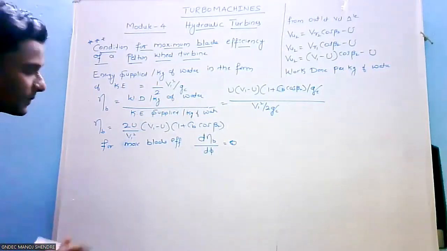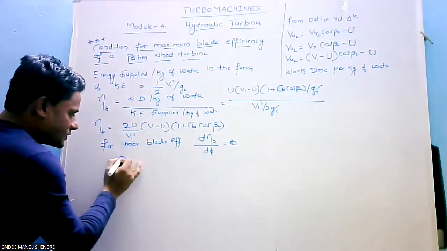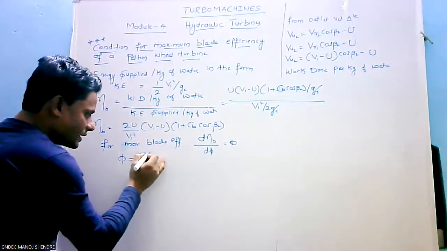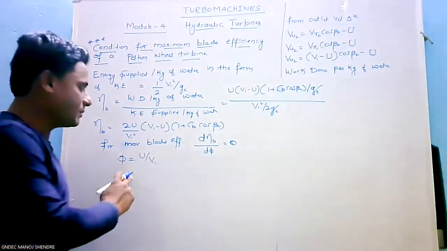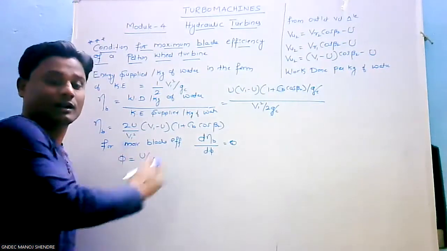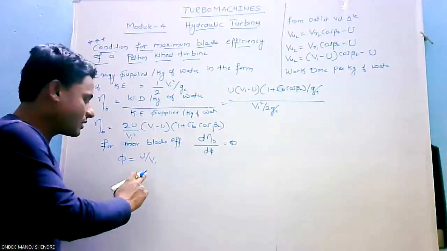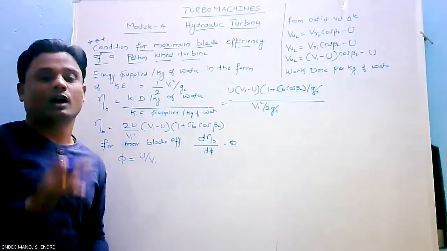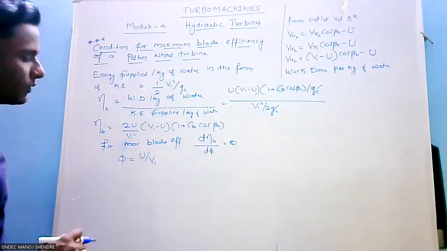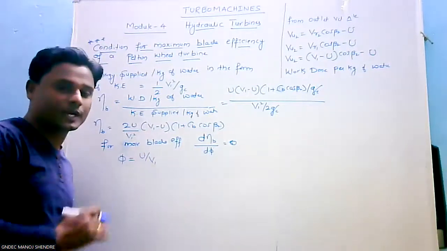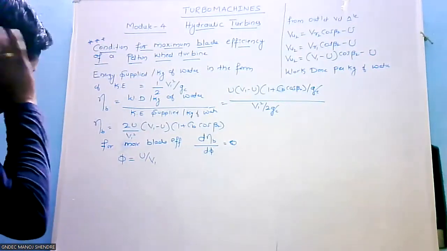Now what is phi? Phi is nothing but the speed ratio, which is the ratio of u by v1. U is the speed of the runner blade, the tangential velocity of the runner, divided by v1, the absolute velocity of the jet of water. So this ratio is nothing but the speed ratio, right?